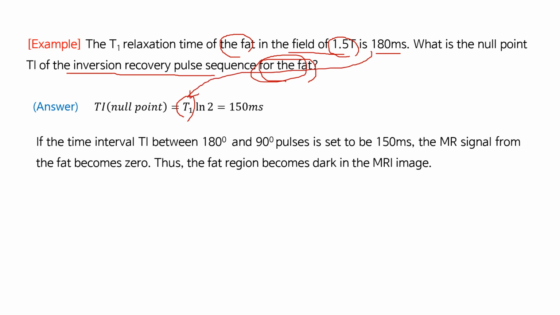So the null point of fat is 150 milliseconds. If the time interval Ti between the 180-degree and 90-degree pulses is set to 150 milliseconds, the MR signal from the fat becomes 0. Thus, the fat region becomes dark in the MR image.